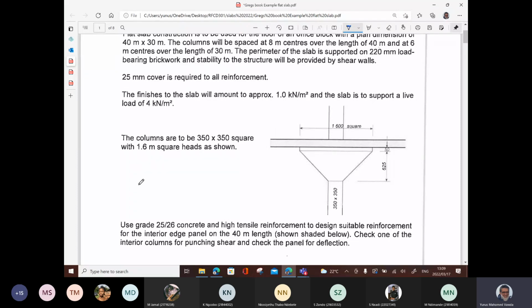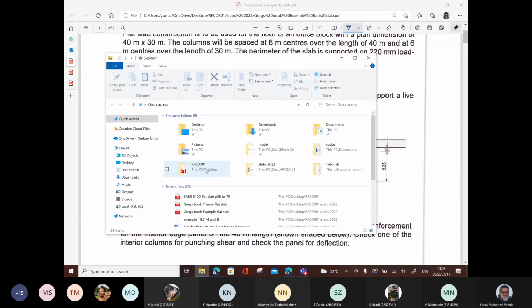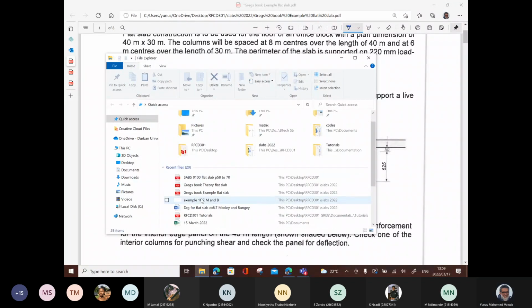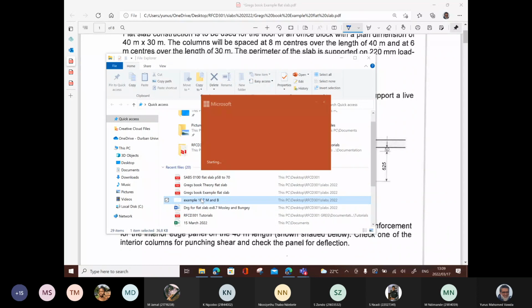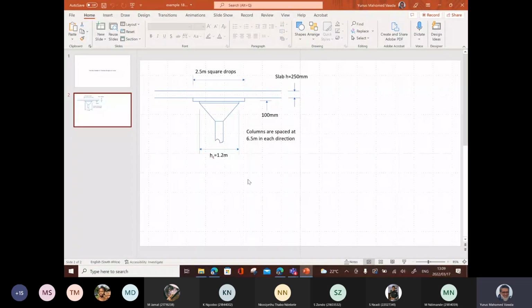A drop is one where you would have, for example, let me pick up a picture that I was dealing with earlier, so you can see what I'm talking about. Here's a drop, right?